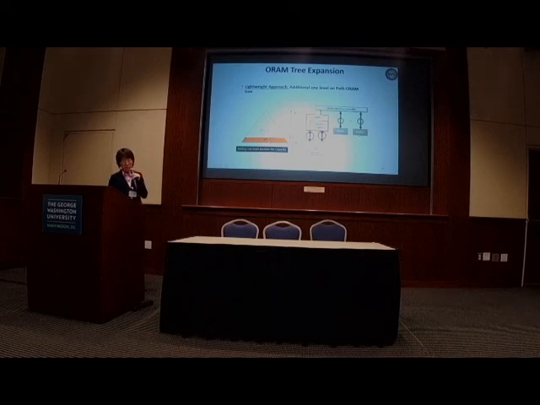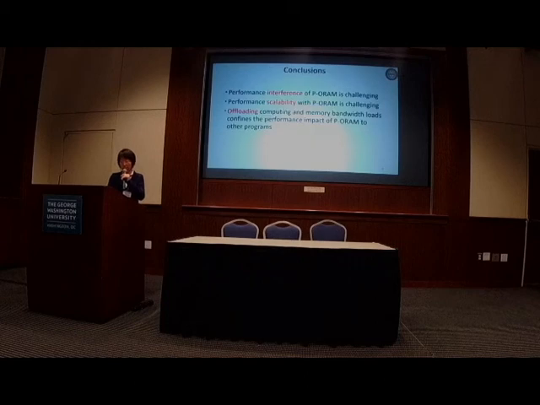You can put it on the regular DRAM interface, because if you need to access the tree nodes over here, there's only one memory access to fetch the leaf node that you need. So this is how you share the hardware among secure and non-secure applications, with very minimal performance hit to both types of applications.